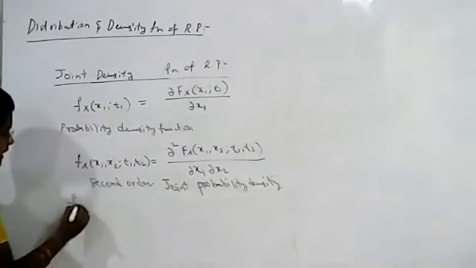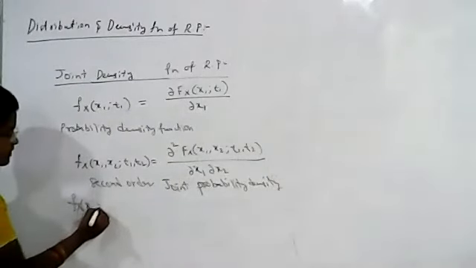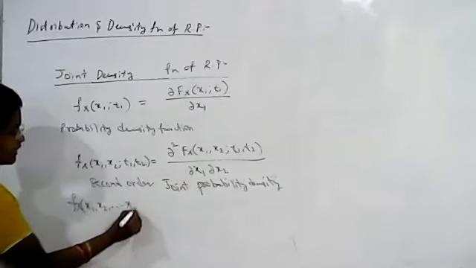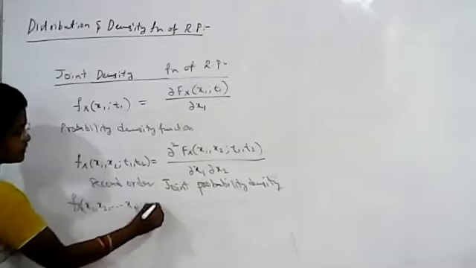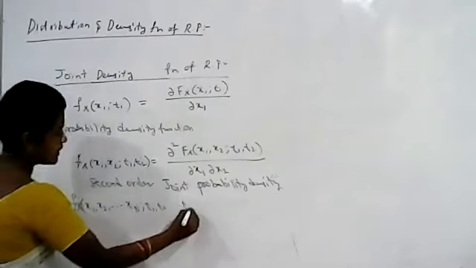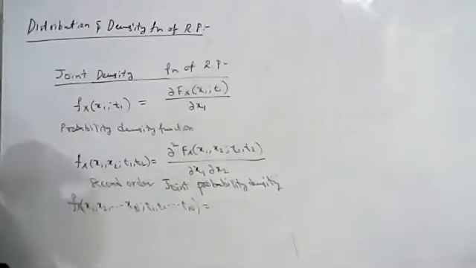Similarly, if you take nth order, how many random variables will we have? N random variables at t1, t2, so on tn. Now, how many times do we have to differentiate this? We have to differentiate this n times.